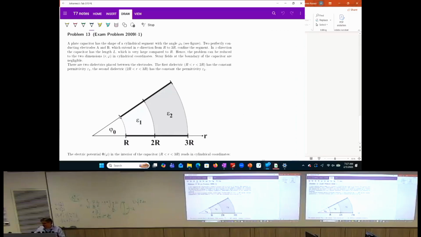And then you have the second plate that is up there, and that is, as you see, at an angle, and the angle is given as phi 0.